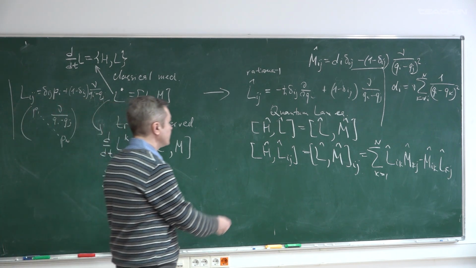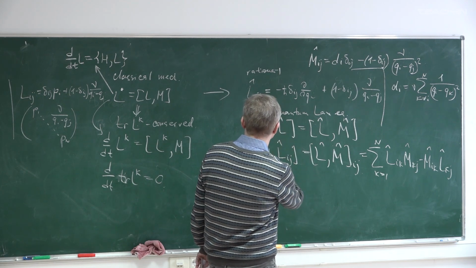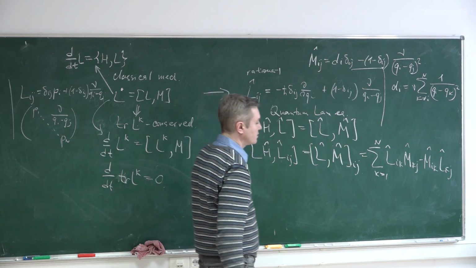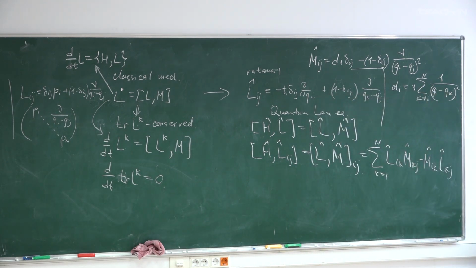And the left-hand side is just a commutator with the quantum Hamiltonian. Okay, now we have this quantum Lax equation, and what to do with it?